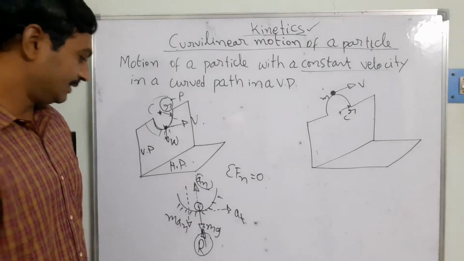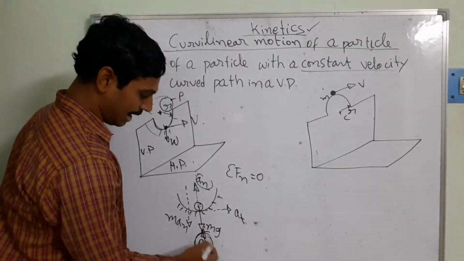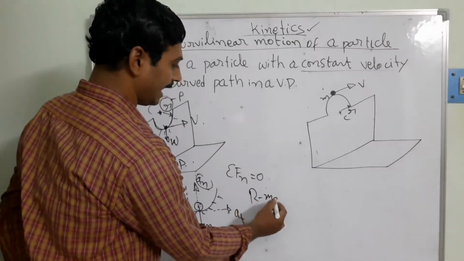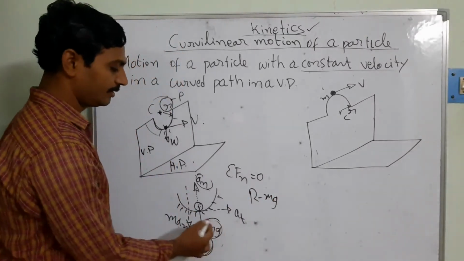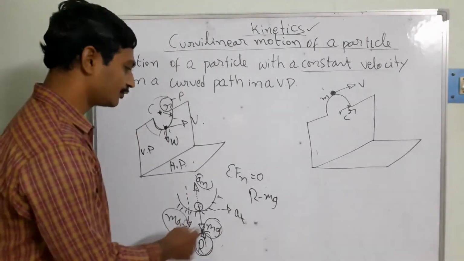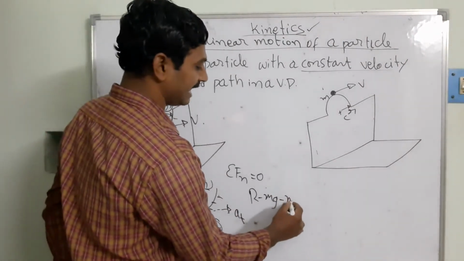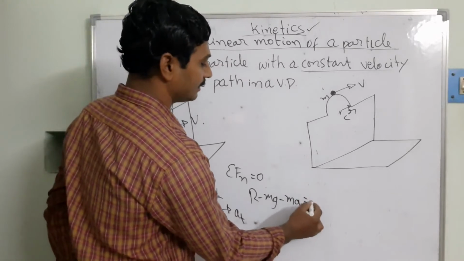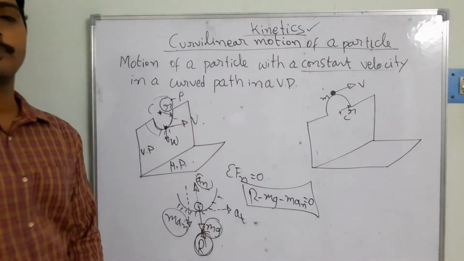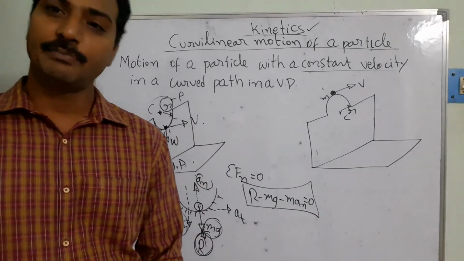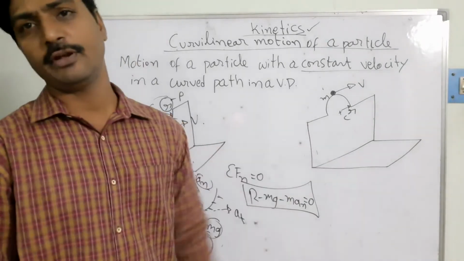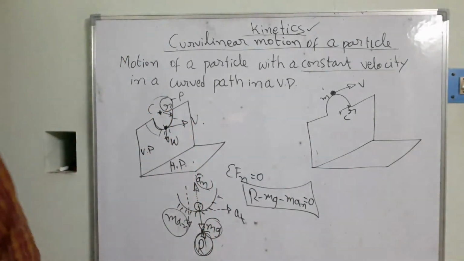So if I simplify this equation, R, the reaction force, minus mg, the self weight of the system acting in the downward direction, and the inertia force acting towards this side, minus m AN, is equal to 0. These equations we call dynamic equilibrium equations. So can you write down how we are going to develop this concept?